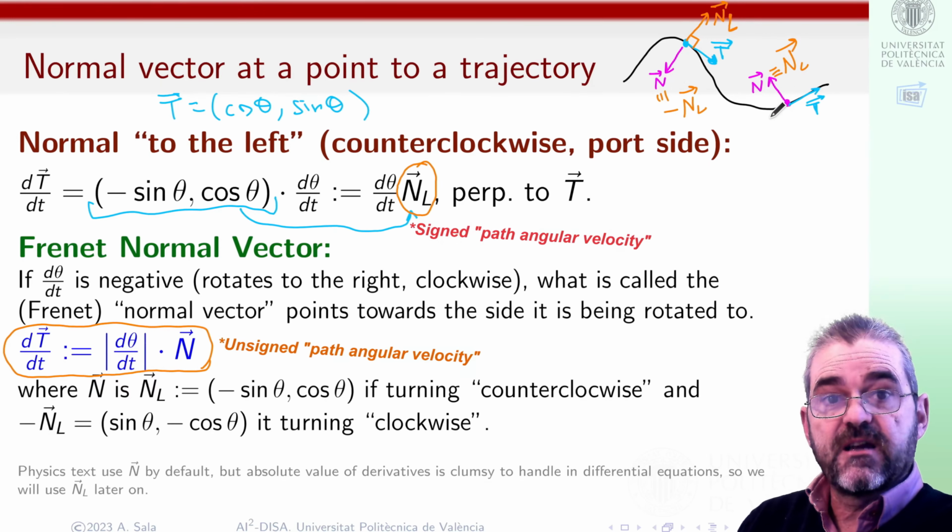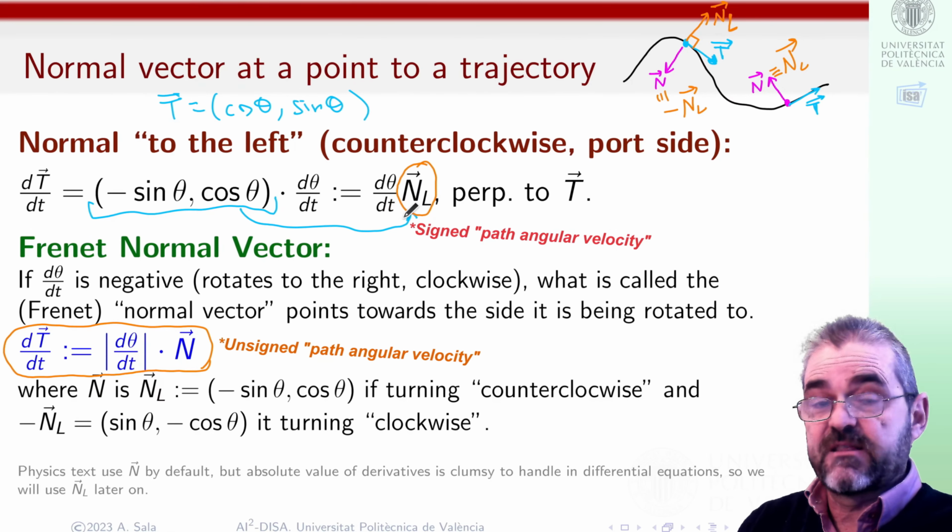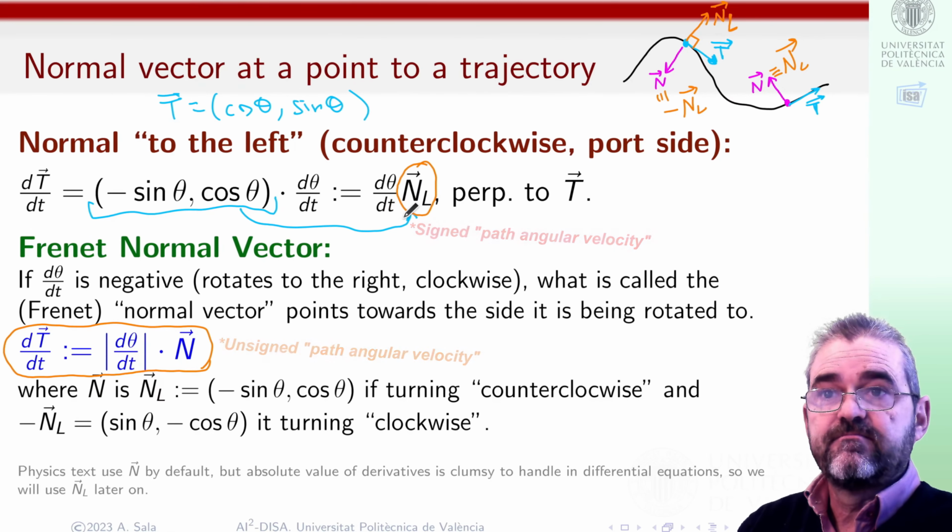However, in next slides, in order to avoid absolute values, we will keep our normal left to write the differential equations of the dynamics, but it's just a matter of sign conventions.